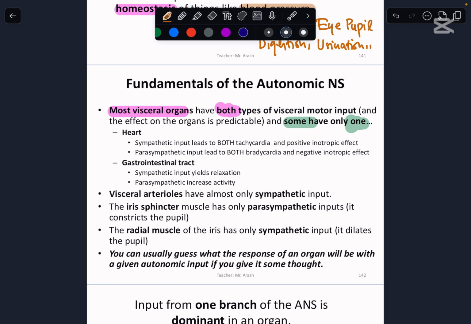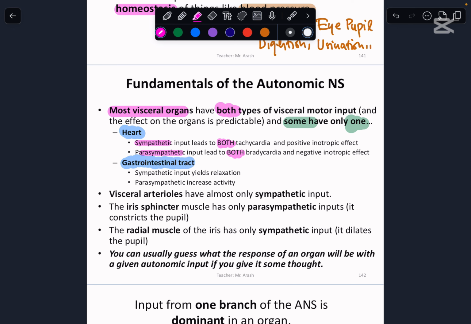As you can see here, that's our heart, and then here we have the GI tract. With regards to the heart, the sympathetic input leads to both tachycardia and positive inotropic effect, and the parasympathetic input leads to both bradycardia and negative inotropic effect.